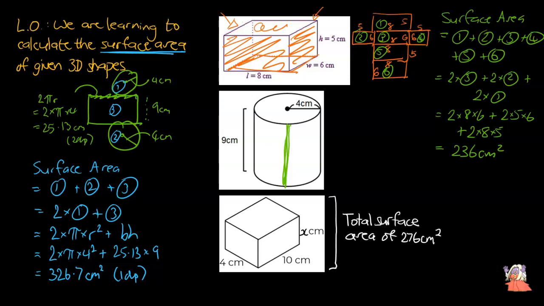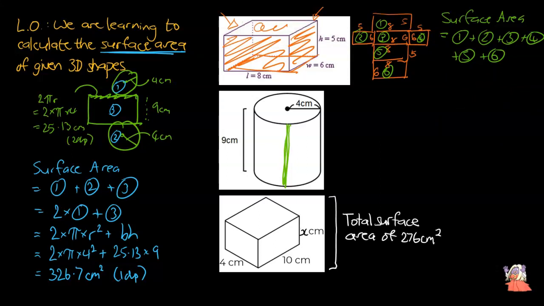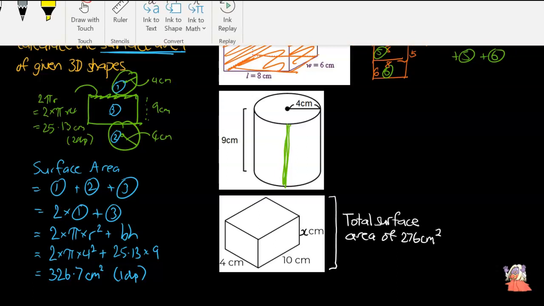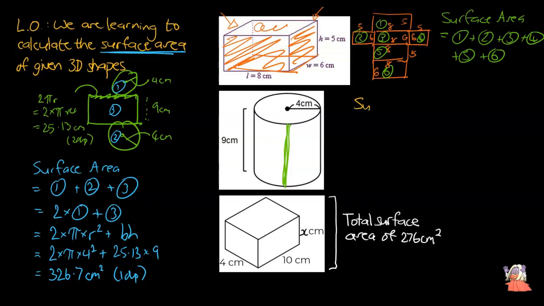So we've done that one, and our final question is one where we don't know one of the sides, but we've been given the surface area already, so we're going to have to work backwards to find this. I'm going to clear a bit from my first question just to give me some room to set up an equation and do some working. And we'll change pen colors. Maybe we'll get into yellow. So the surface area of this shape is going to be equal to all of the sides again.